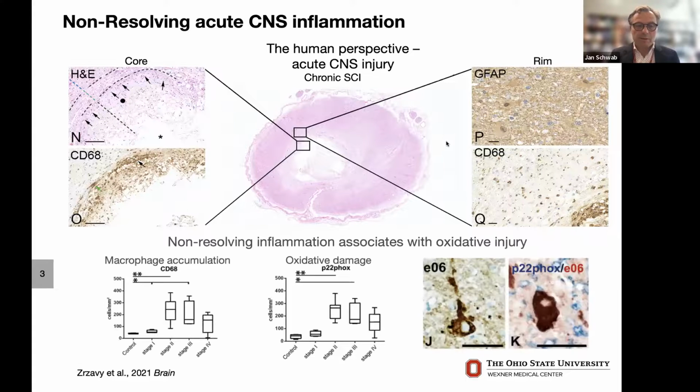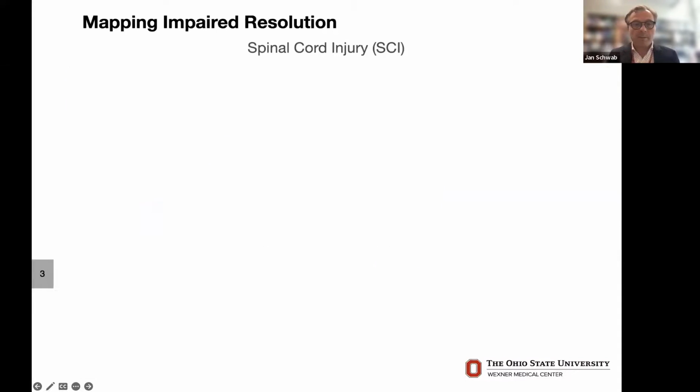And importantly, these macrophages are not just hanging in there, they also produce oxidative catalyzers, p22-phox or NADPH oxidase, which can produce oxidative damage in neurons, which in turn will result in the deposition of oxidized phospholipids, which we can make visible with E06. And you can see these depositions here. This is a very unhappy neuron about to die.